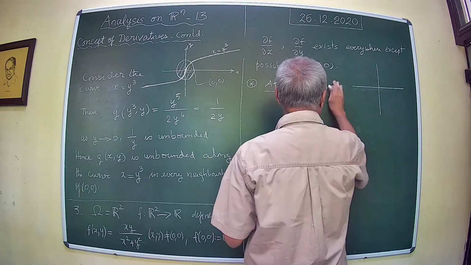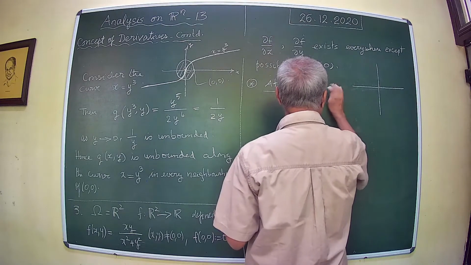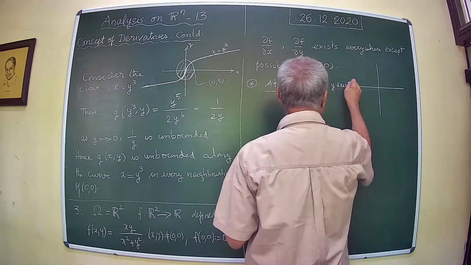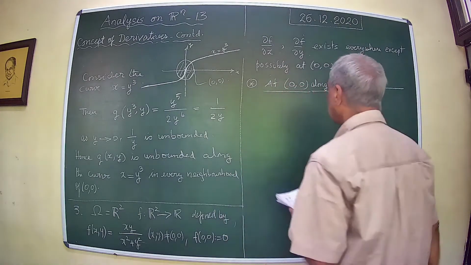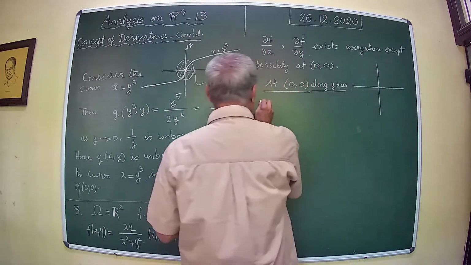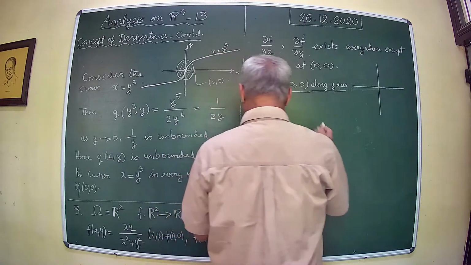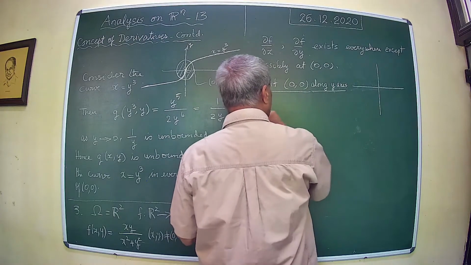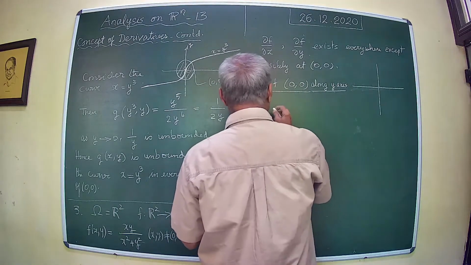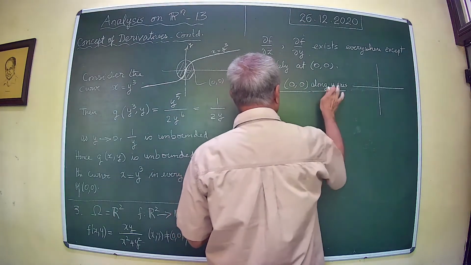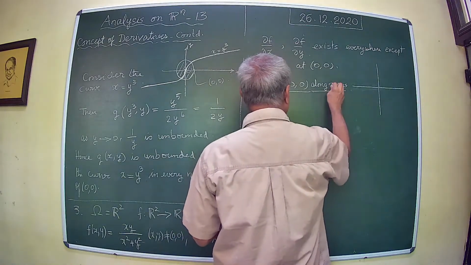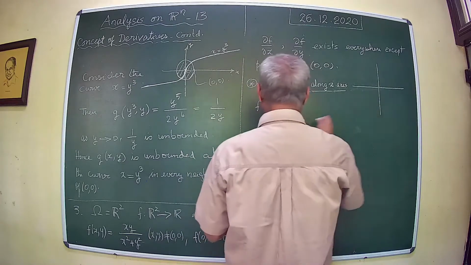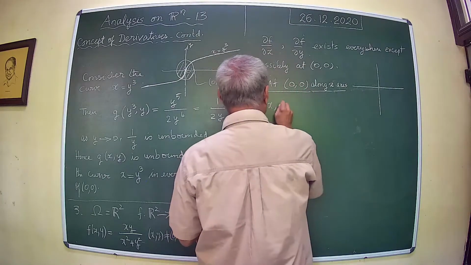What is the function f along the y axis, x equal to 0? Along the x axis, x is the only variable.